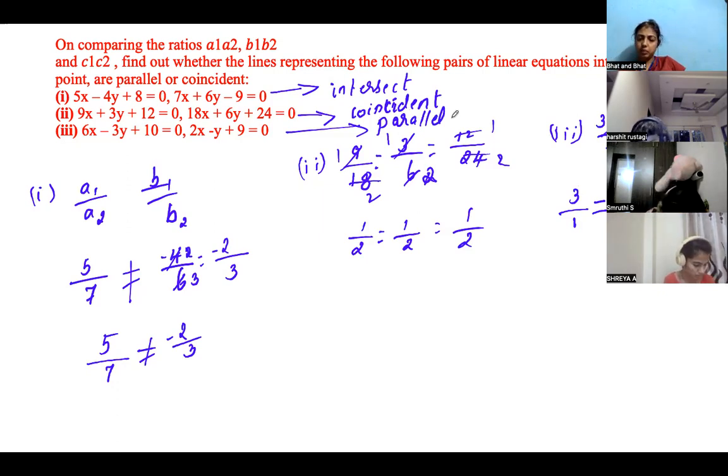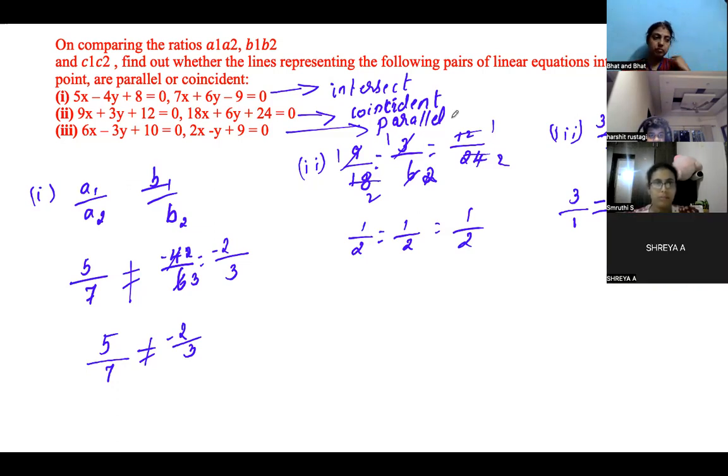Understood this? I think I had taken the same values when I was explaining the chapter, right? Yes. Okay, done. Ma'am, you can directly do this in the textbook.